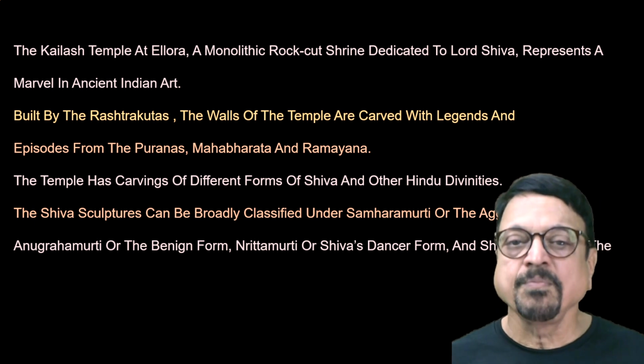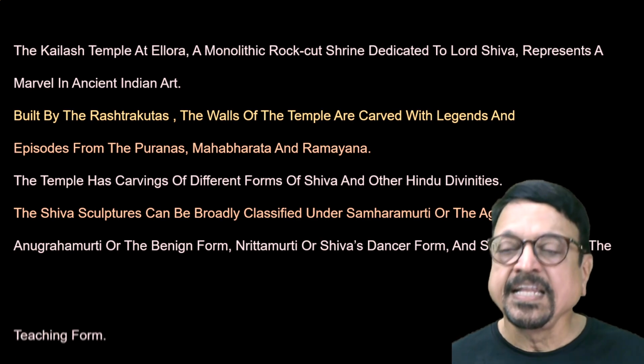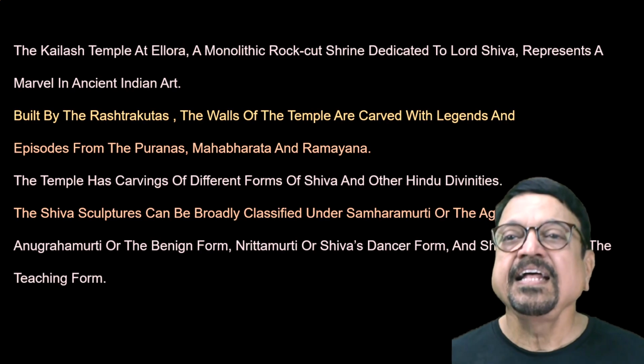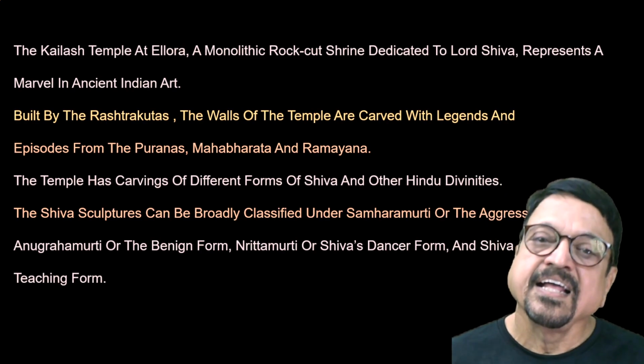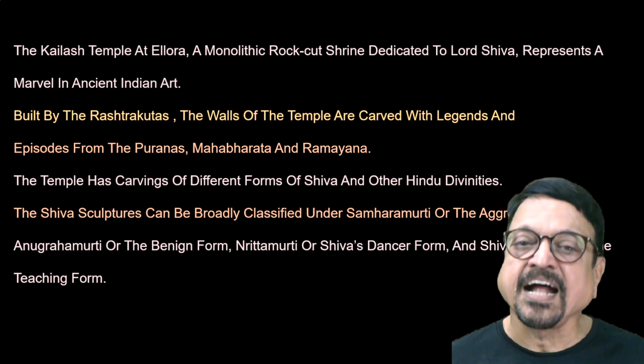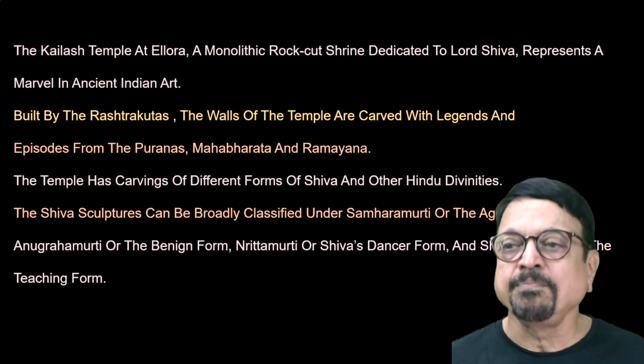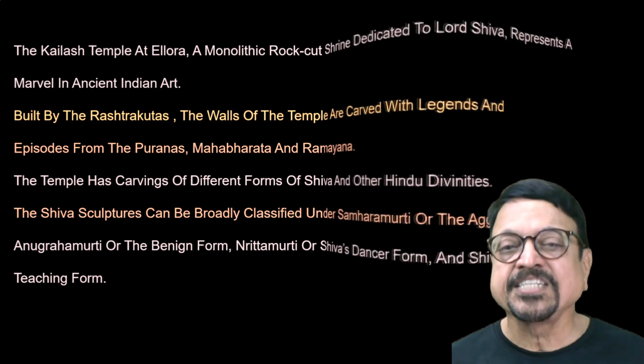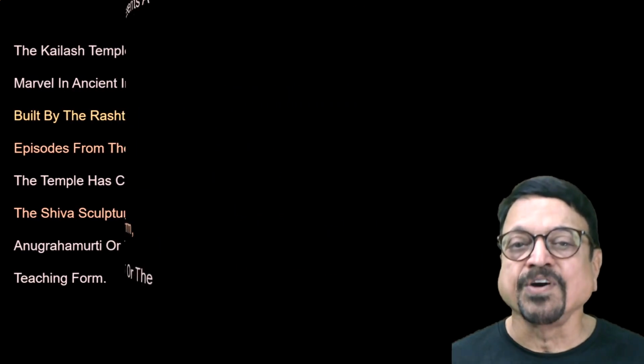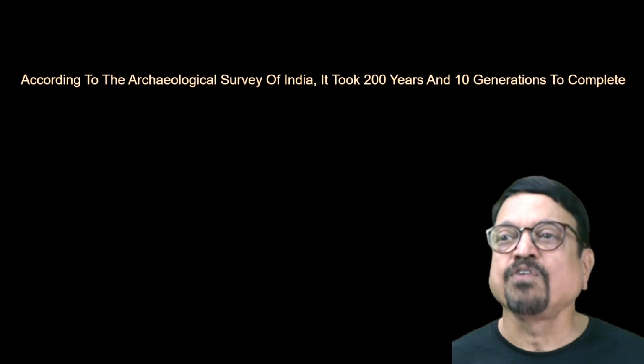It is a very common form, and it is carved in most places. The other ones, Anugraha and the aggressive Tandav of Shiva, are carved at very few places. Now this is really interesting, to know how body language differs and how the surrounding scenario changes with Shiva's different forms.